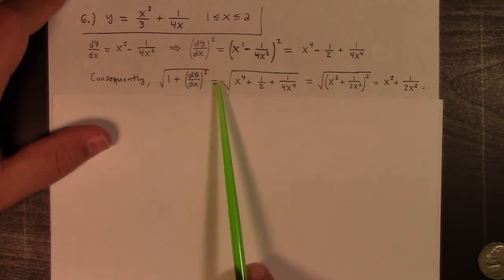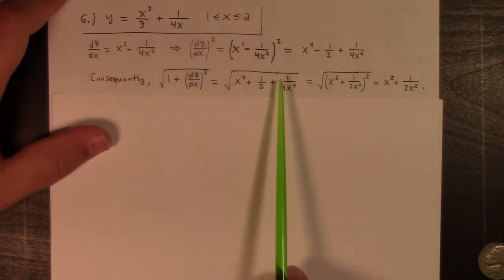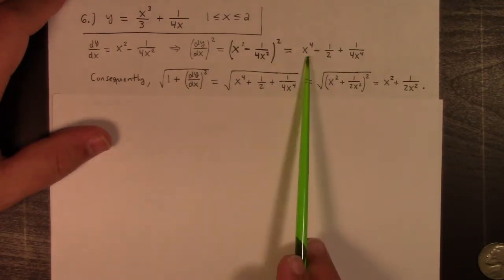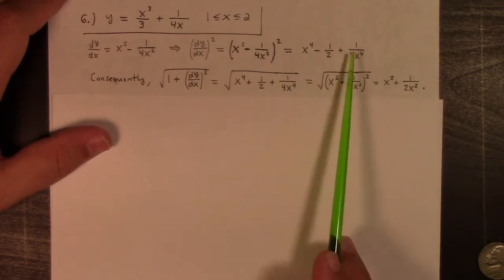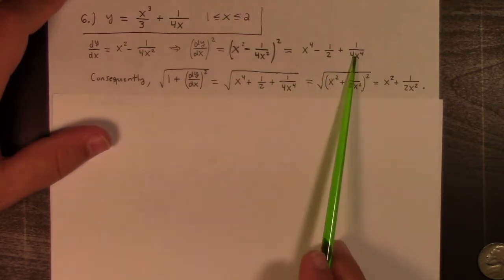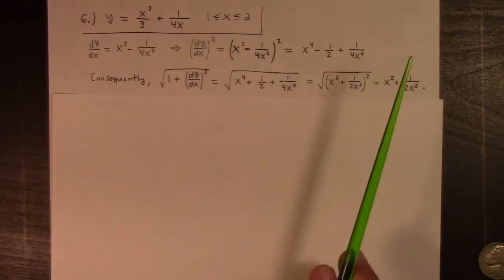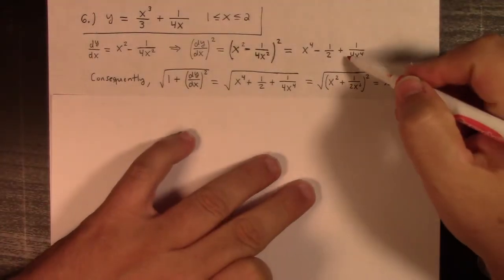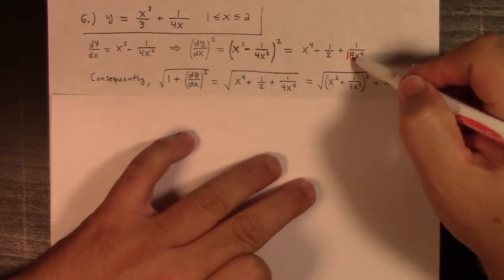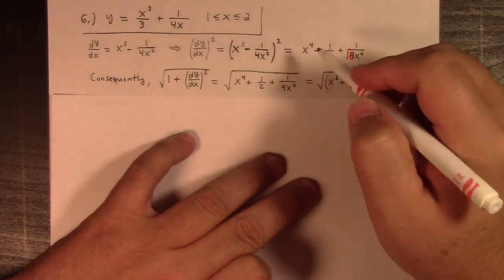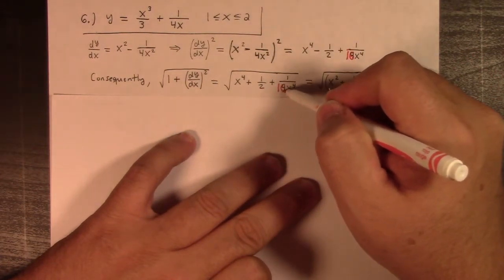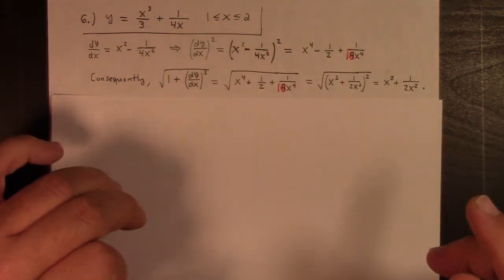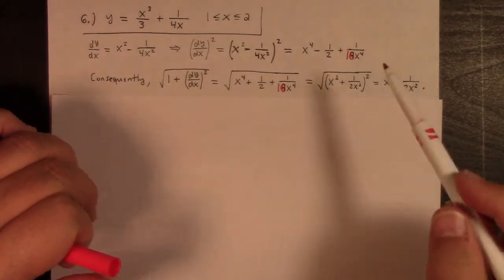The square root of 1 plus (dy/dx) squared is x to the 4th plus, so the 1 plus minus 1/2 gives me the half. This is the x to the 4th. That's supposed to be 16, right? Let me just go ahead and put that 16 in there. And that's also supposed to be 16, 1 over 16 times x to the 4th.